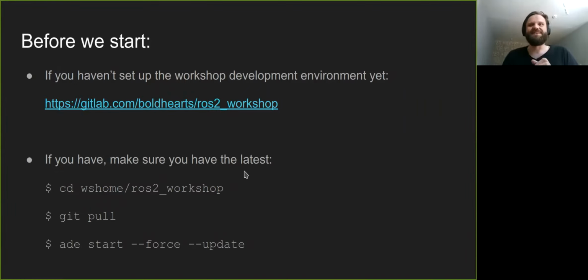So it's very helpful if you go to your home, where you cloned this repository, ROS2workshop. When you are in this folder, just do a git pull to get the latest cool exercises and new developments. And then just do an ADE start, which probably appears familiar to you, which is just updating your ADE again.